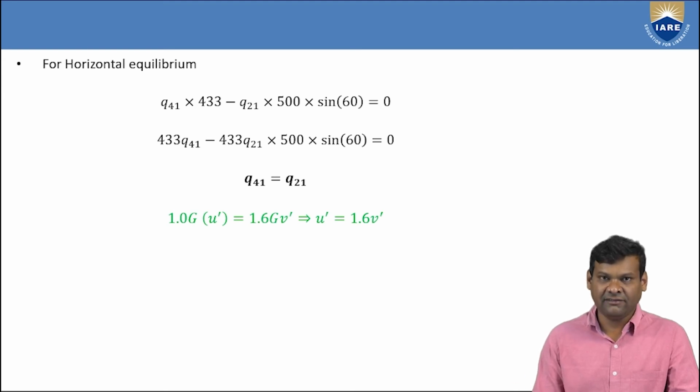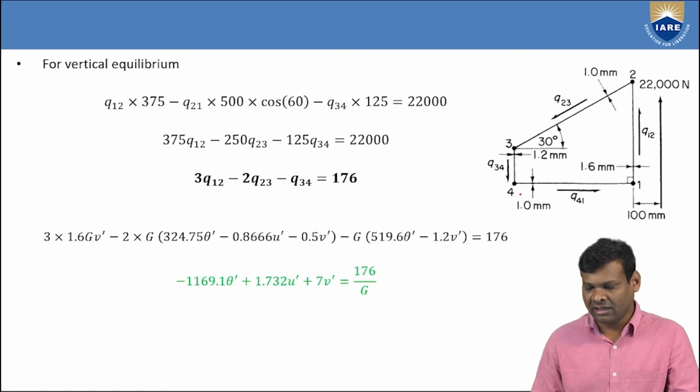Okay, for horizontal forces, what we have is that Q41 is into 433. This 433 is the element which is contributing this. The distance between the point 4 and 1 is 433 into Q41. And now when you look into the horizontal equilibrium, this Q12 and Q34 don't contribute any horizontal forces, and the horizontal contribution is from Q23.